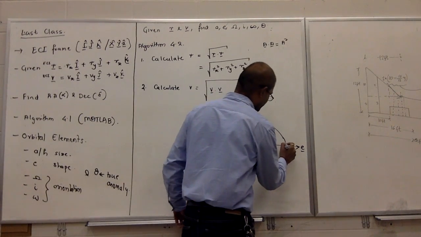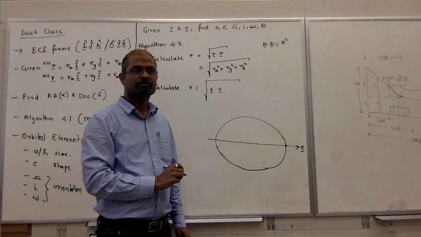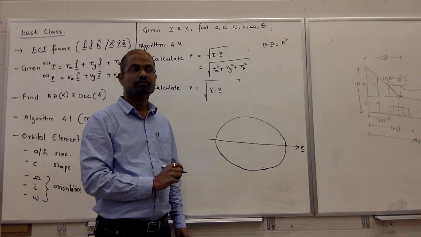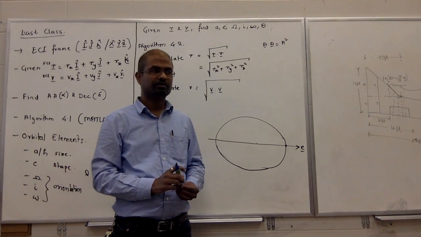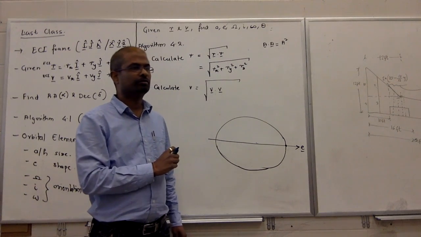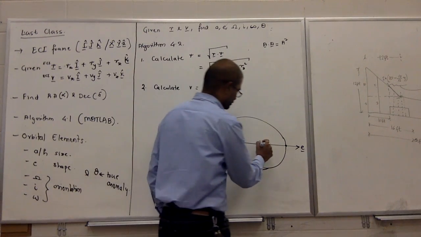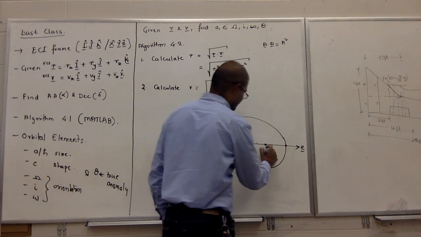What is the direction of H here? It's coming out. Why did they put a little 90 degree mark in?